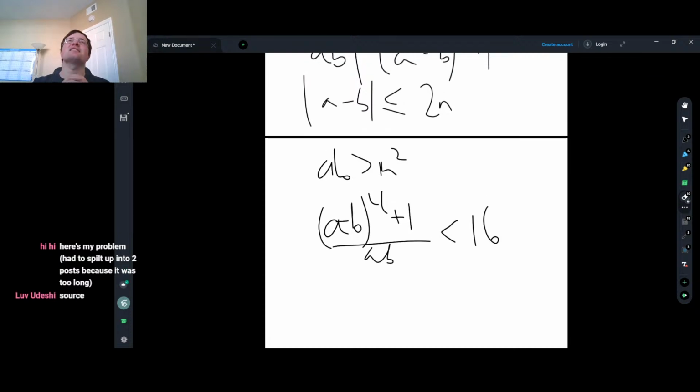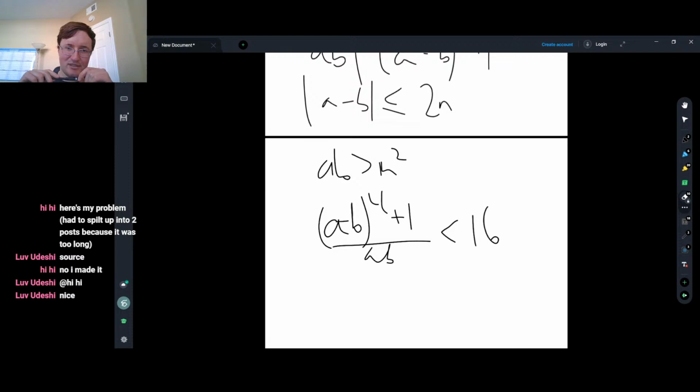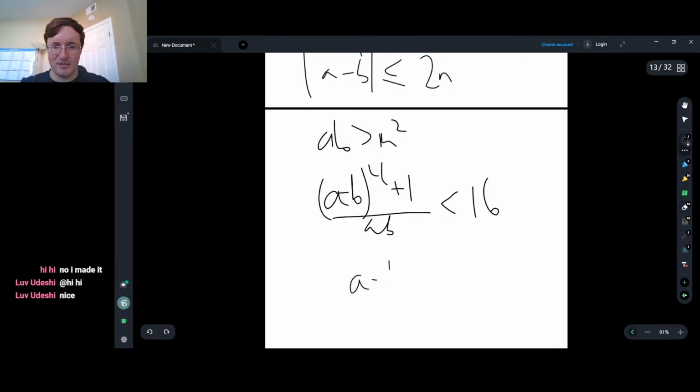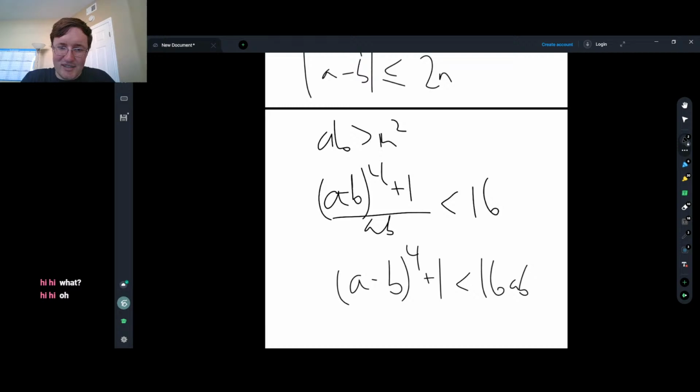Well, A minus B to the fourth plus 1 is less than 16AB. And usually if A minus B is decently large, the fourth power is going to be huge.